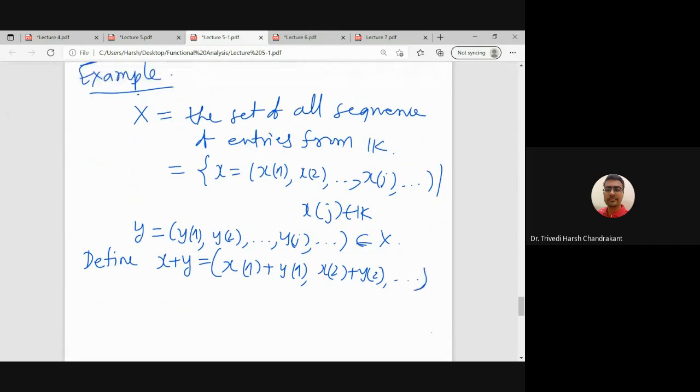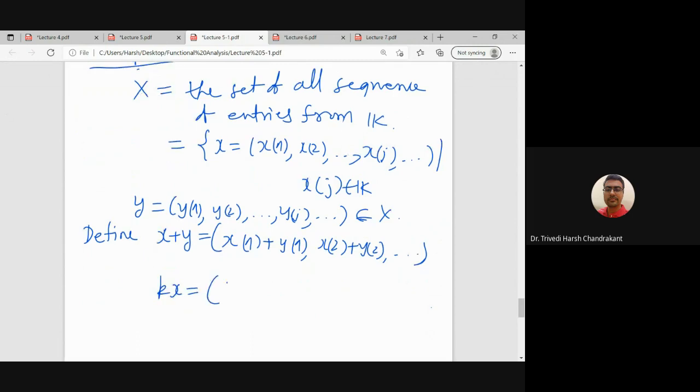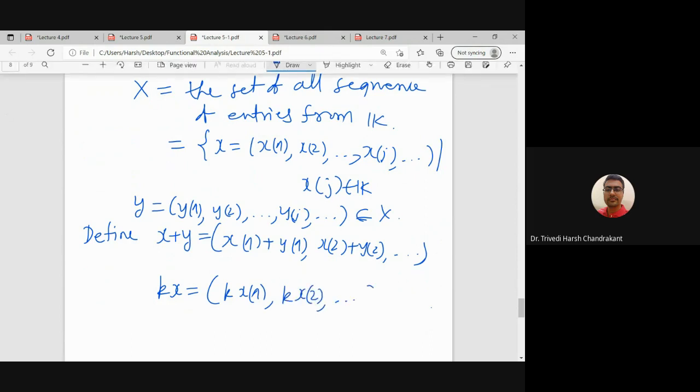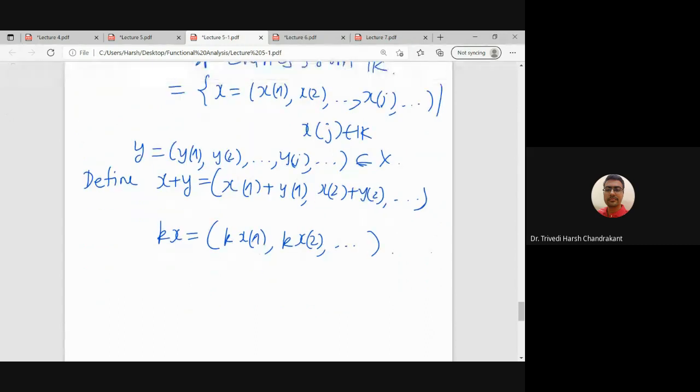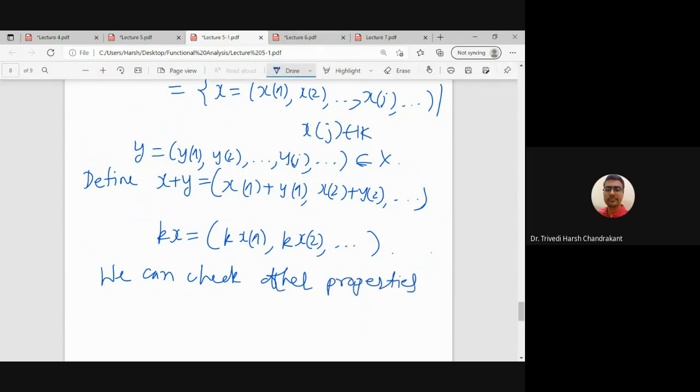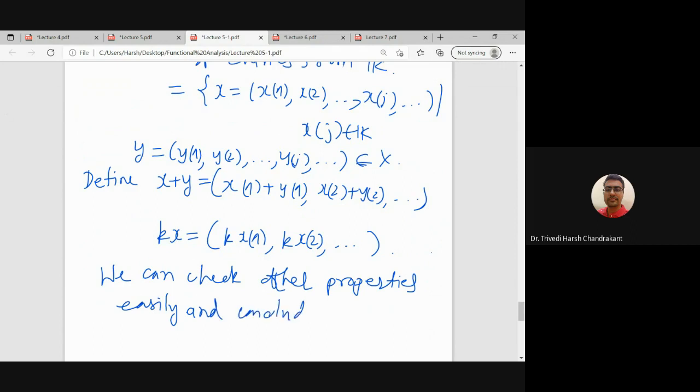Clearly this is also a sequence, so this belongs to X. Scalar multiplication we can also define, that is a x1, a x2, and so on. Yeah, so this is a vector space, that is correct. The other properties you can check easily and conclude that X is a vector space.